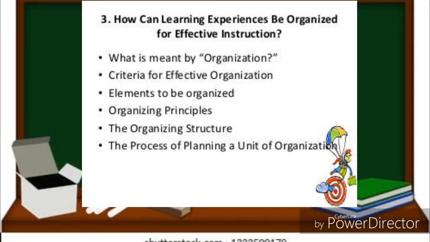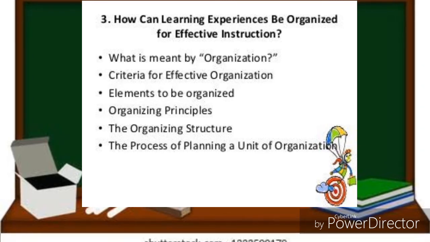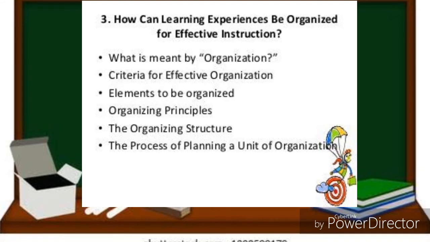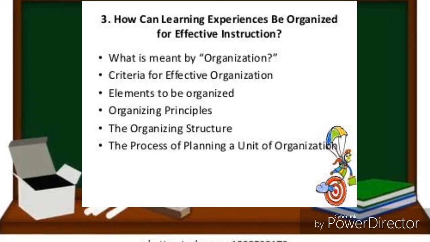Third, how can learning experiences be organized for effective instruction? So, first, what is meant by organization? Second, criteria for effective organization. Third, elements to be organized. Fourth, organizing principles. Fifth, the organizing structure. And the last, the process of planning a unit of organization.